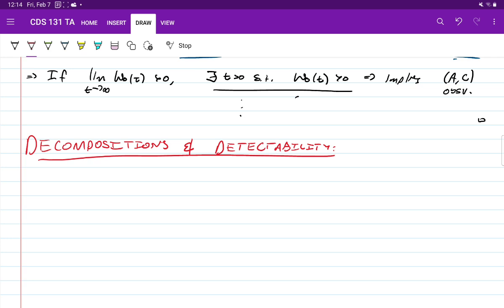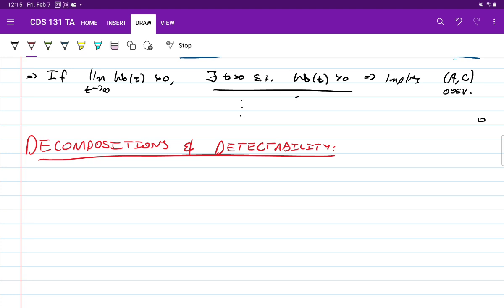So now we're going to come up with an analogous concept for observability. If the pieces of our state which we cannot observe, which we cannot reconstruct from data, are already stable, then maybe things are going to be okay for us. This is what leads to the concept of detectability.